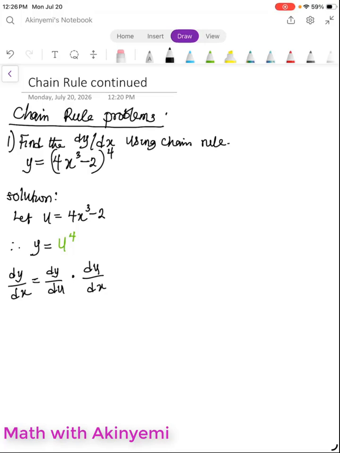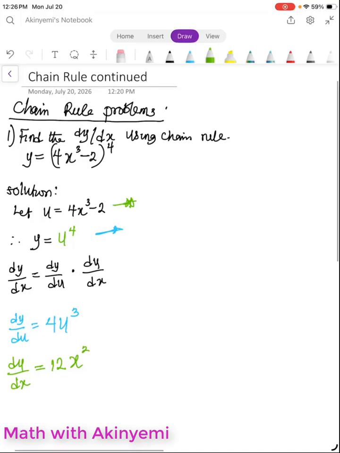So dy over du, if we differentiate this, we have 4u raised to power 3. And then du over dx, which is differentiating this, will be 12x raised to power 2.